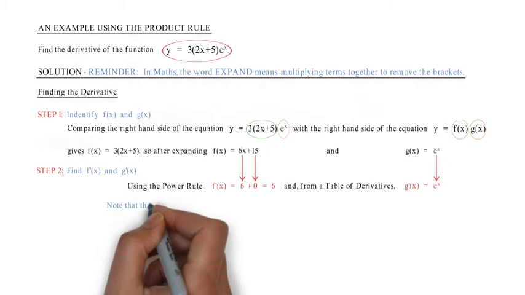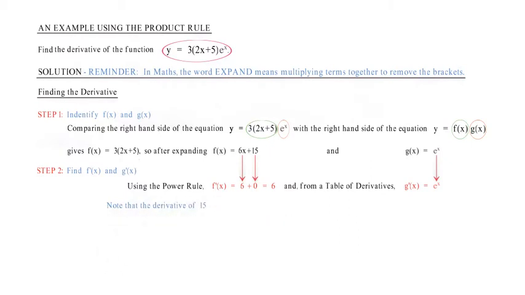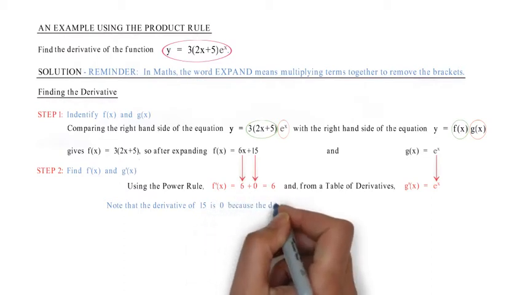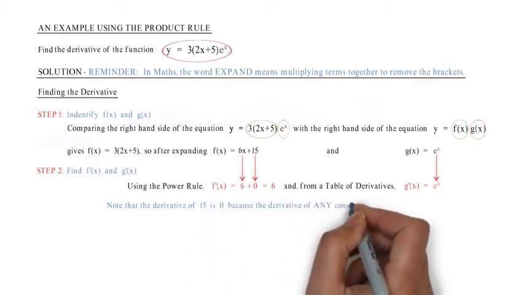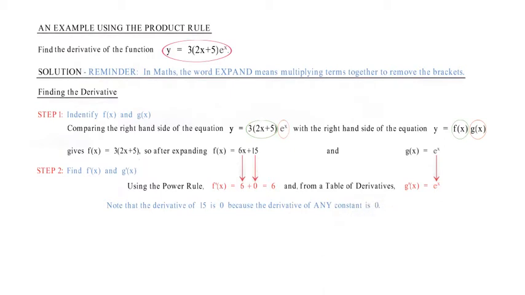Note that the derivative of 15 is 0 because the derivative of any constant is 0.